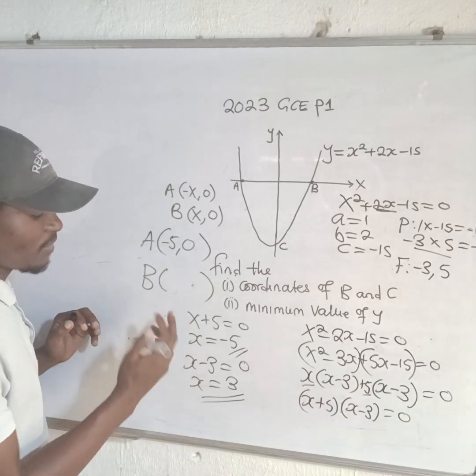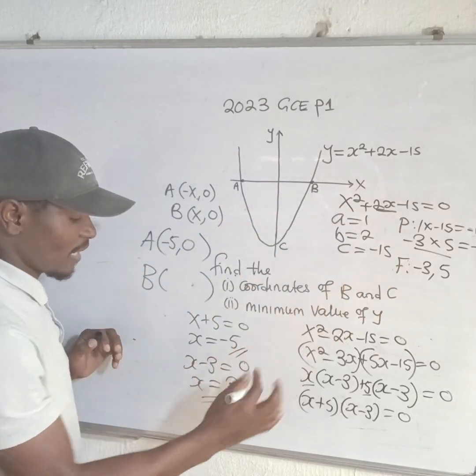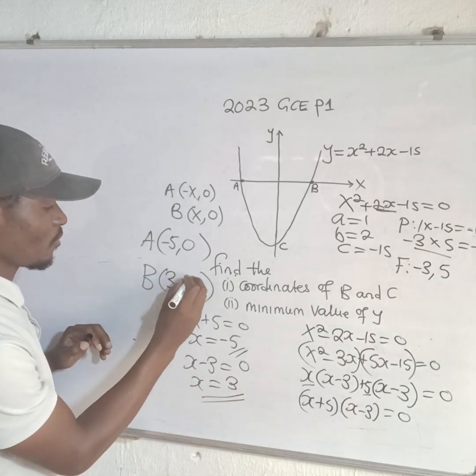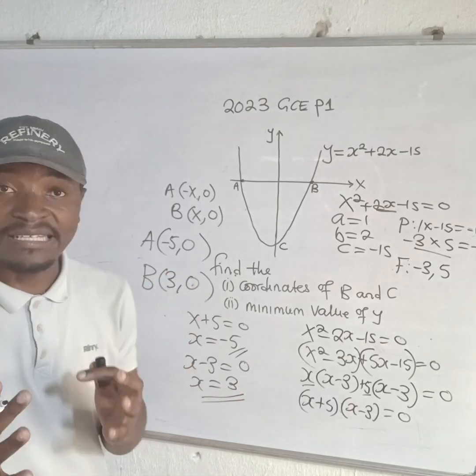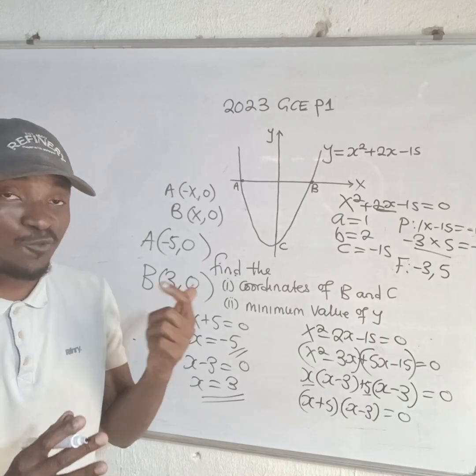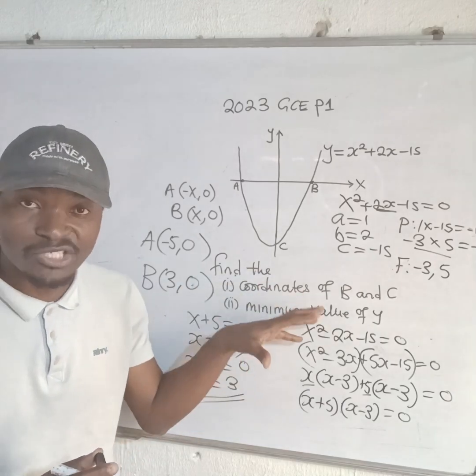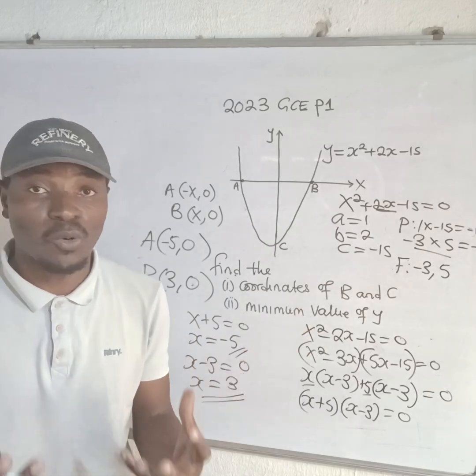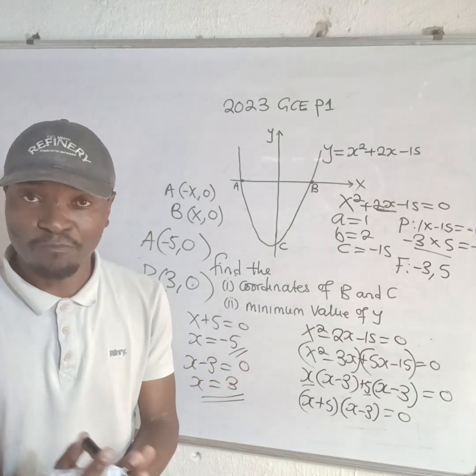And for B, since B is on the positive side, we pick the one with a positive answer, so it's going to be 3, 0. And this is how we can answer question Roman numeral 1, as in find the coordinates of A and B.